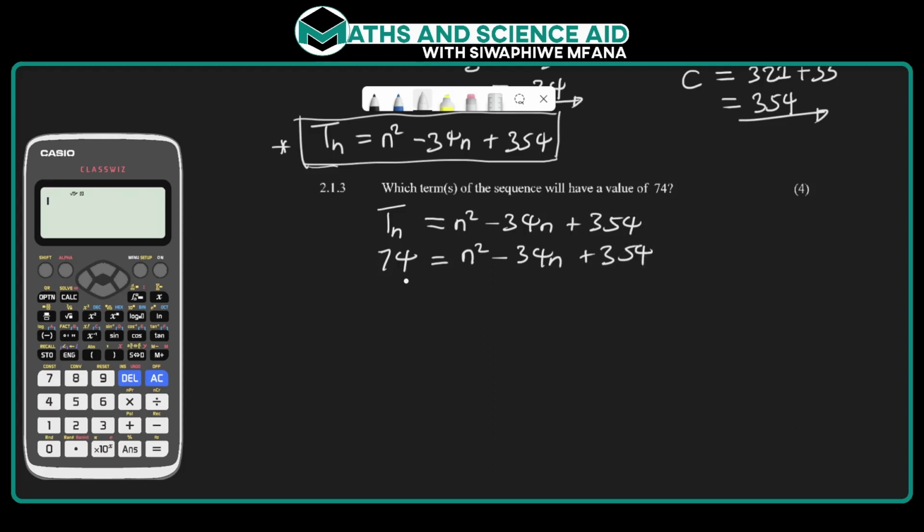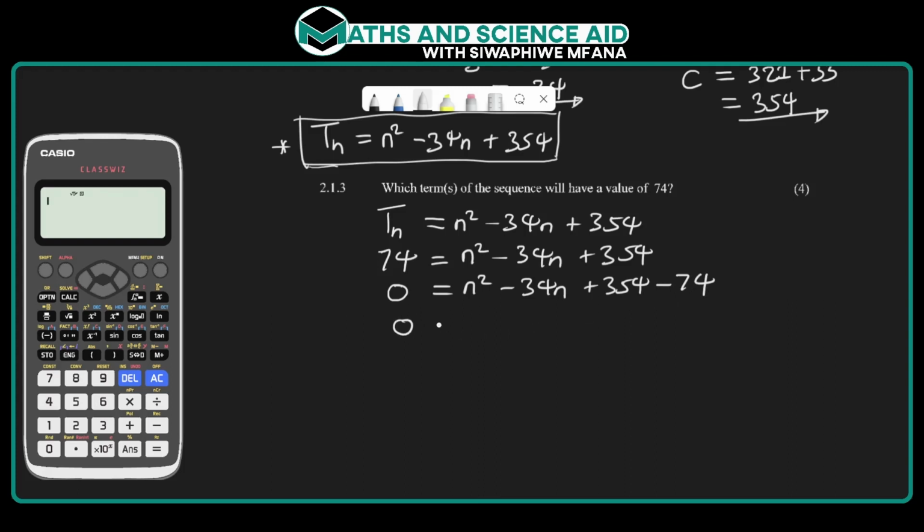And now the next thing is we want to take 74 to the right hand side of the equation. So we'll be left with 0 on the left hand side. And then on the right hand side we have n squared minus 34n plus 354 minus 74.